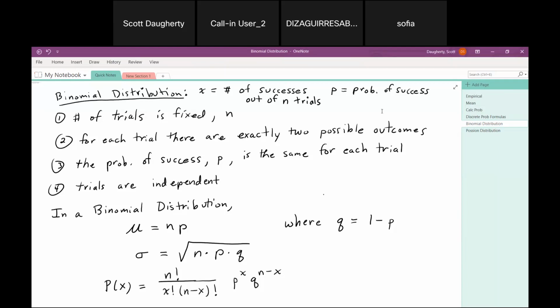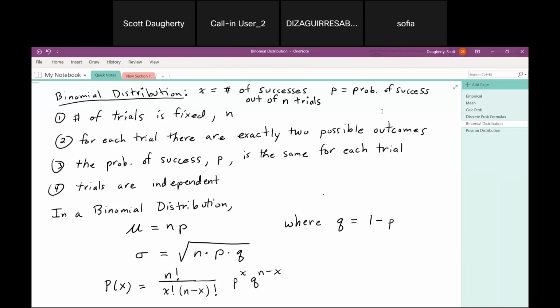Okay, so let's talk about the binomial distribution. As I said, it is a discrete distribution, but it has 4 conditions that need to be satisfied in order for it to fall into this special category. First, we're going to be running a certain number of trials, and they have to be fixed.